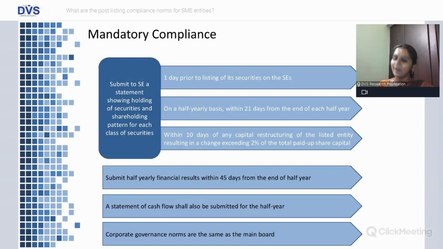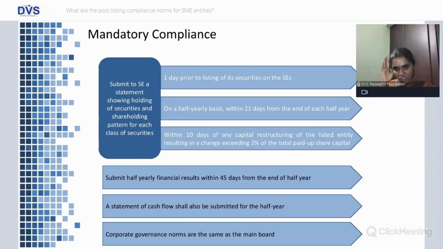Financial results under Reg 33, in lieu of your quarterly in the main board, here you will be presenting half-yearly financial results to the stock exchange. The timeline remains the same within 45 days from the end of each half year. And you also have to provide your cash flow statement, which is a half-yearly provision. And other corporate governance norms are the same.